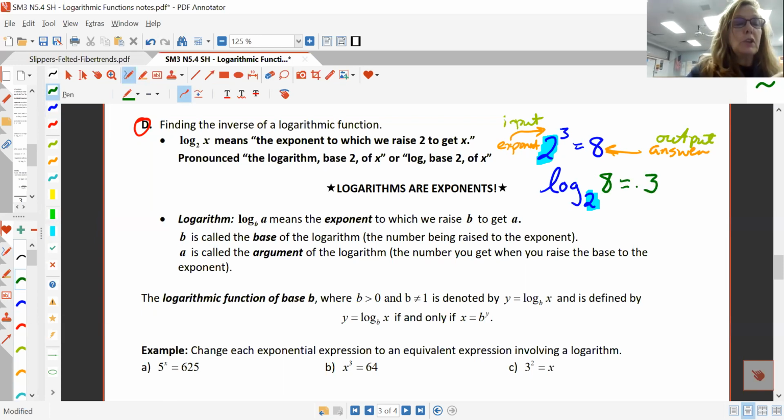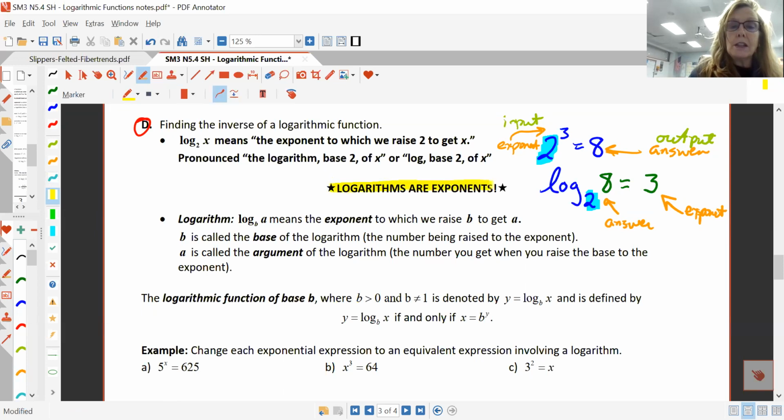When you do logarithms, I always think about them as a reverse set. So that is my answer, and this here is my exponent. This is my exponent that gets me the answer that I want.